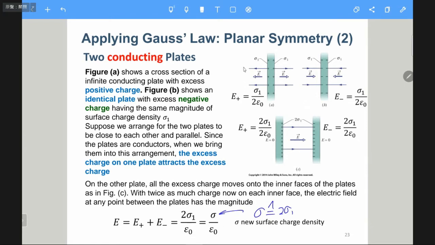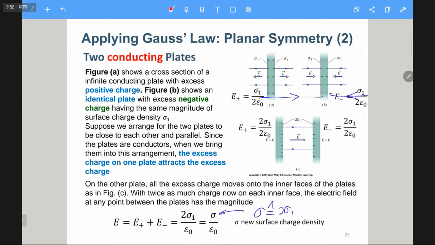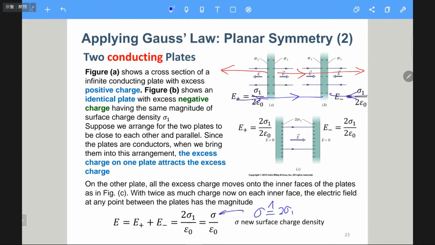For the outer part, this E and this E point in opposite directions, because the E field generated by the negative plate points to this side and this side, and the E field generated by the positive plate points this side and this side, like this.